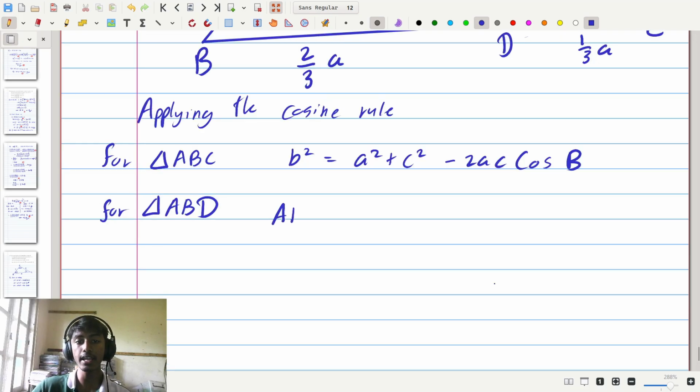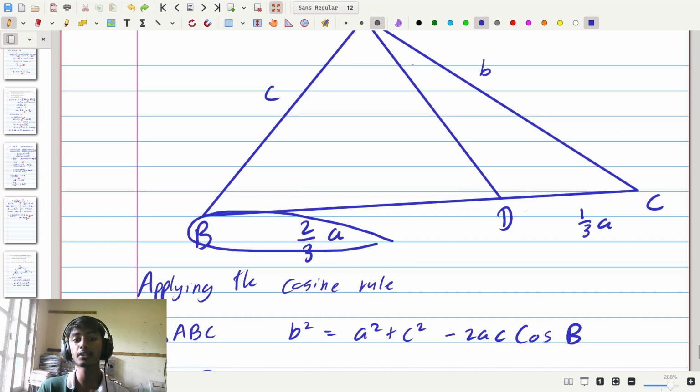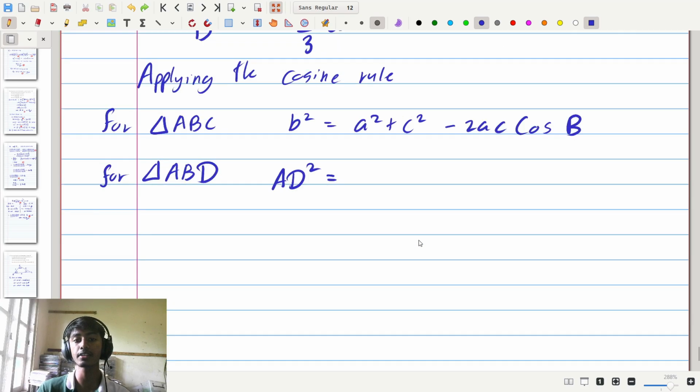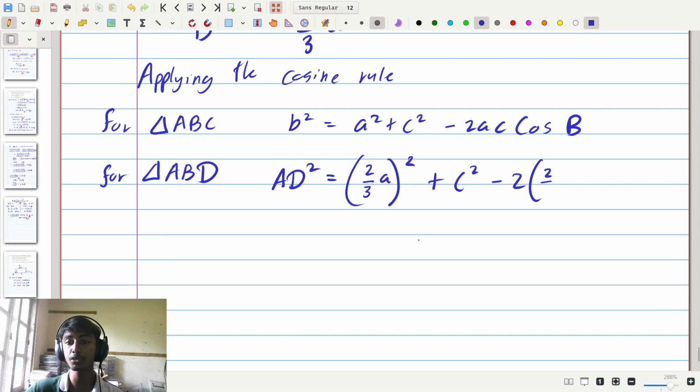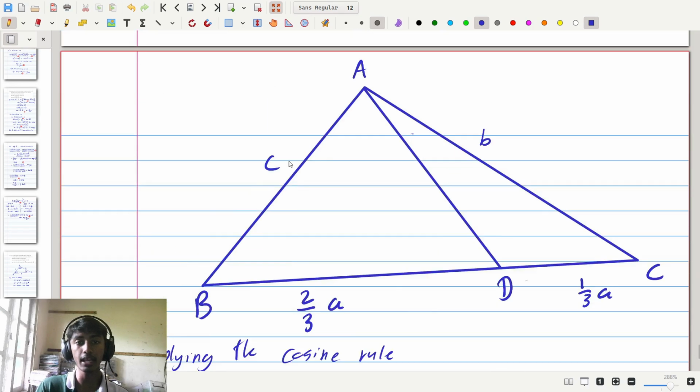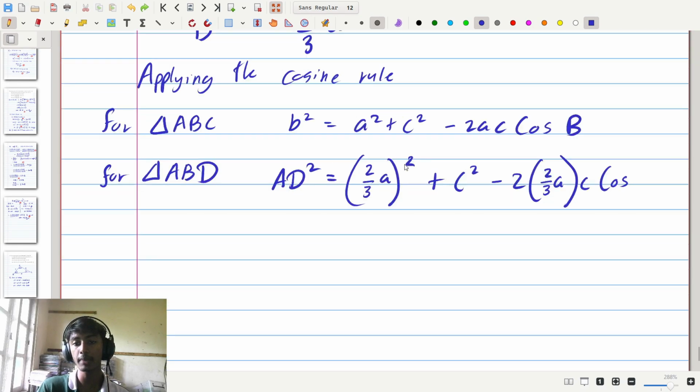So then we'll get AD squared being equal to the other two side lengths squared, which is going to be 2/3 of a, the whole thing squared, plus c squared, minus 2 times the first side length of 2/3 of a times the second side length of c times the cosine of the angle between them, which is the angle capital B. So times the cosine of capital B. I'm going to call this equation 1 and this other equation equation 2.